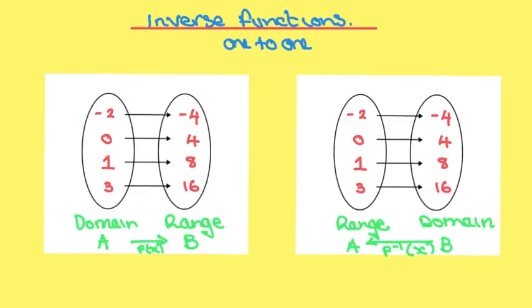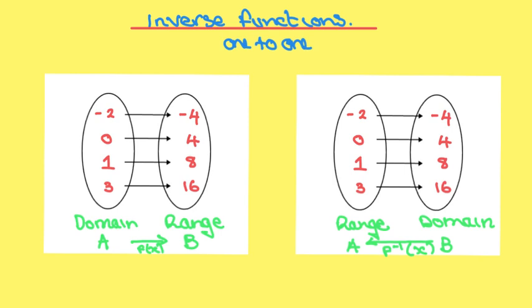Another way to look at inverse functions is to take a look at the mapping diagrams. In the first diagram, we have a going through function f and becoming b. So the domain goes through the function and becomes the range. For the inverse function, we do the exact opposite.